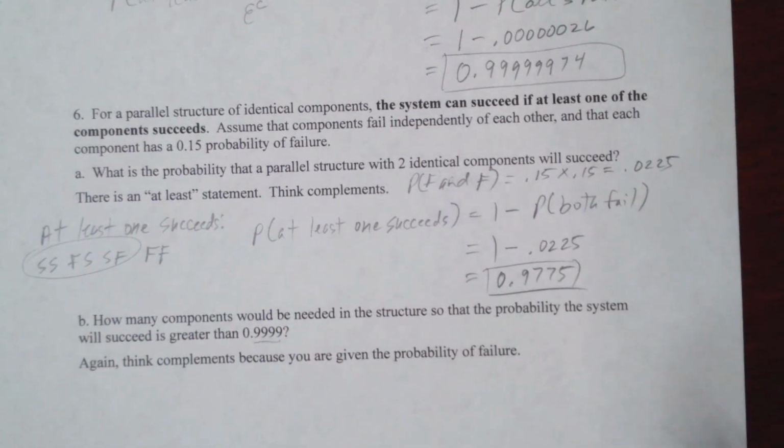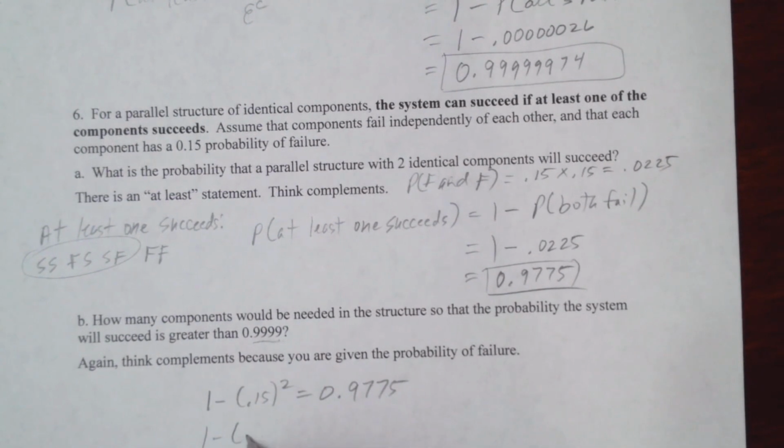We just did this one here, 1 minus 0.15 squared, and we got 0.9775, and that was for two components. What if it were three? Then we could do this here, and that's going to tell us the probability of success if you have three identical components.